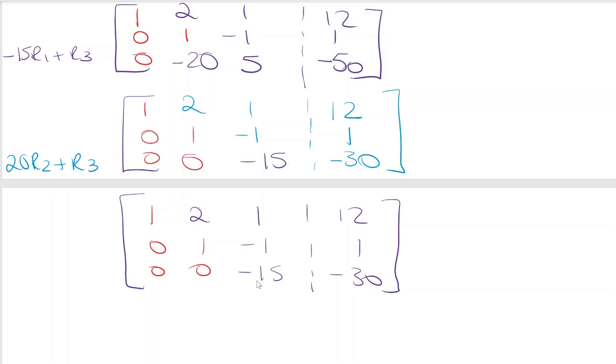Well, if we multiply by a minus 15th or divide by minus 15, so let's say minus 1 over 15 times row 3. So these just stay as zeros. So if we divide this by or multiply by a 15th, this will become 1. And if I multiply minus 15 by minus 30, I'll have the answer as 2.